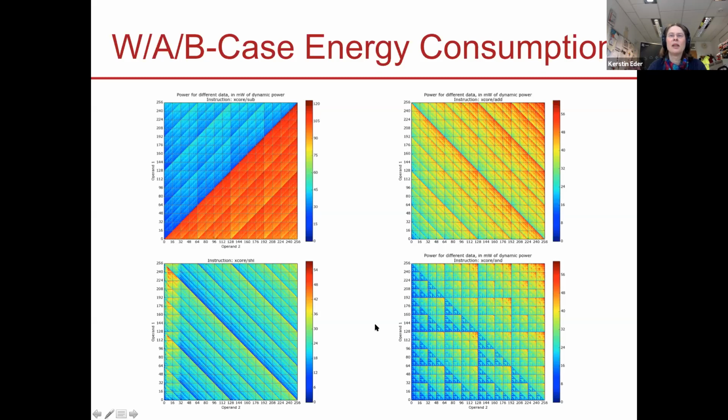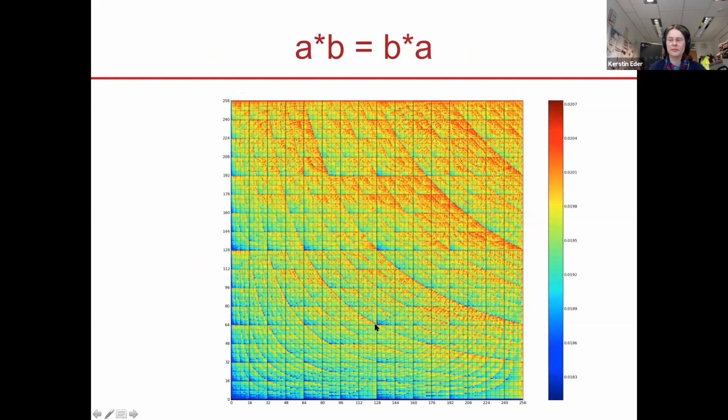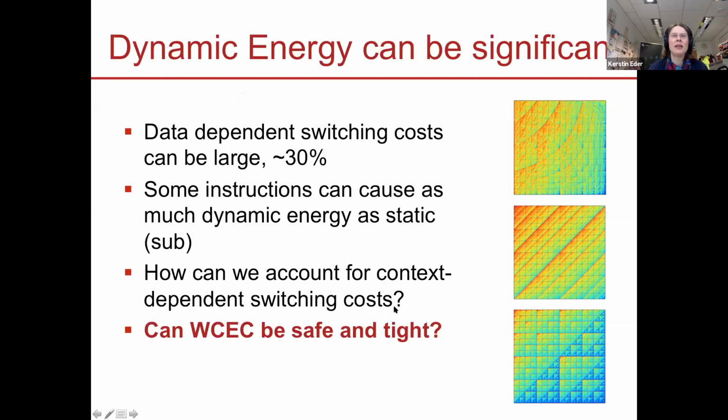Okay, so we've learned an awful lot so far. What can I summarize? Data-dependent switching costs can be large, about 30%.